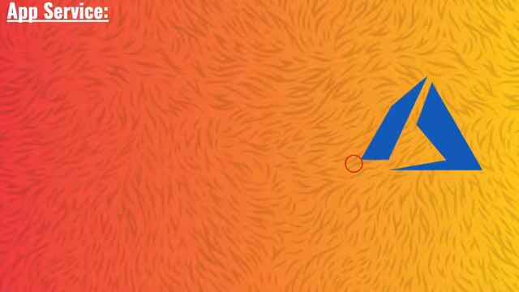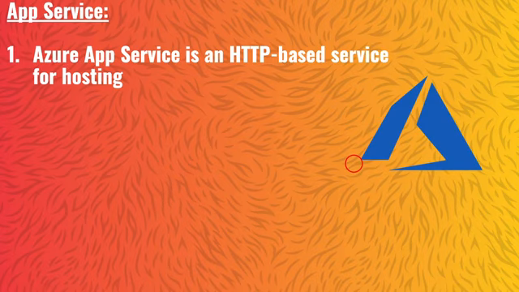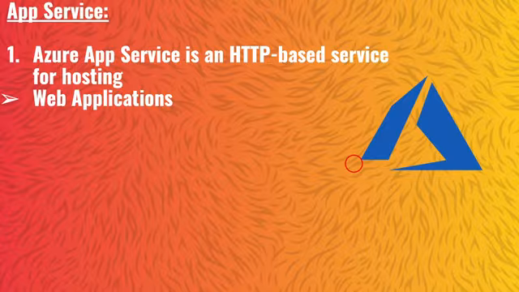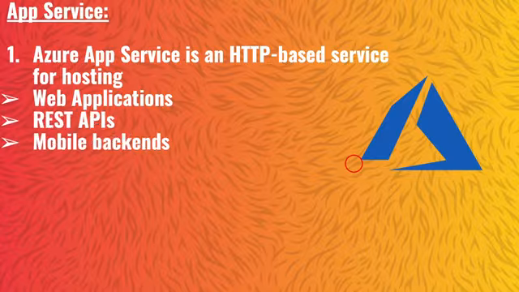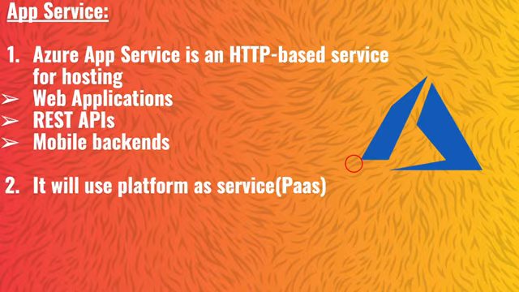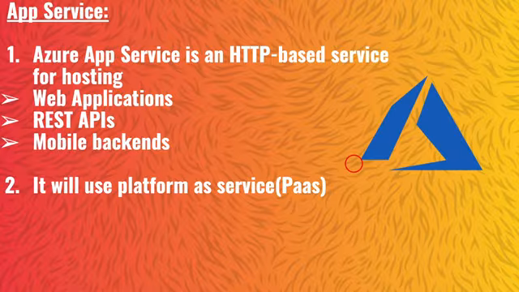Okay, and after that, app service. So Azure App Service is an HTTP based service for hosting web applications, REST APIs and mobile backends. Okay, so it uses platform as a service, guys, basically. If you're talking about the cloud environment, there are two things we need to always remember. One is infrastructure as a service, and after that platform as a service.